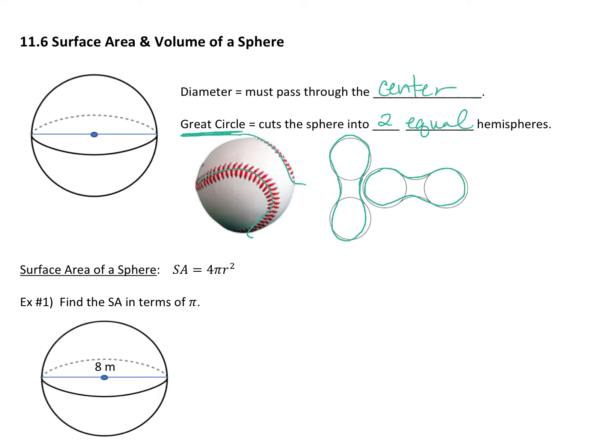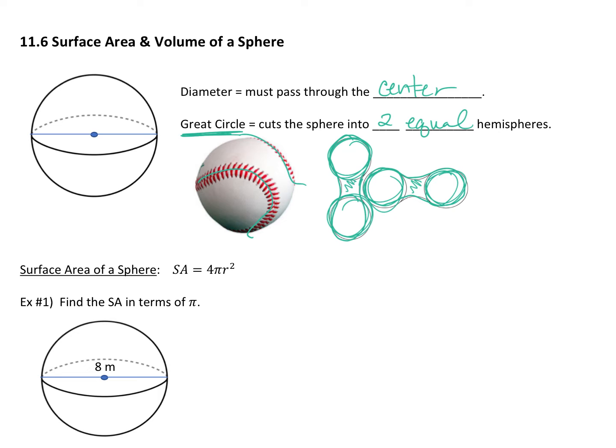Well, if you look at that, it looks kind of like you have 4 circles, right? Now there's a little bit of extra and it's not perfect circles, but the idea is it's as if you have 4 perfect circles put together when you're trying to figure out the surface area.